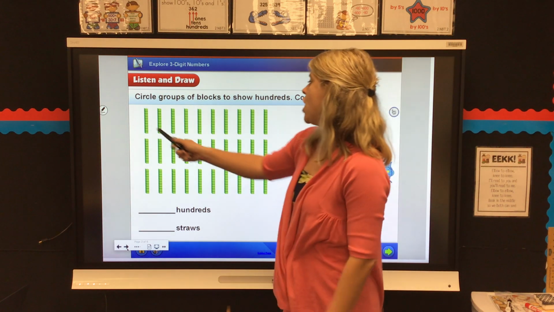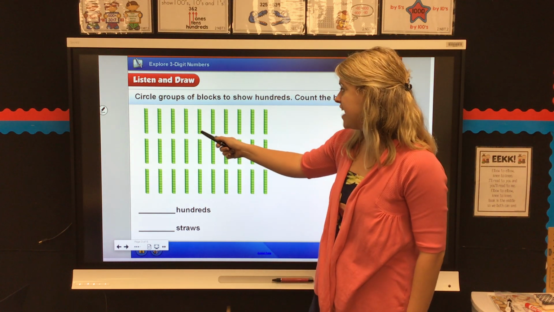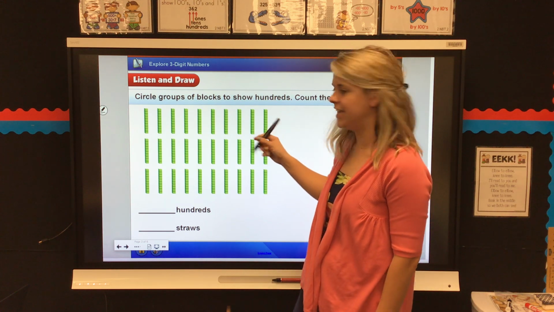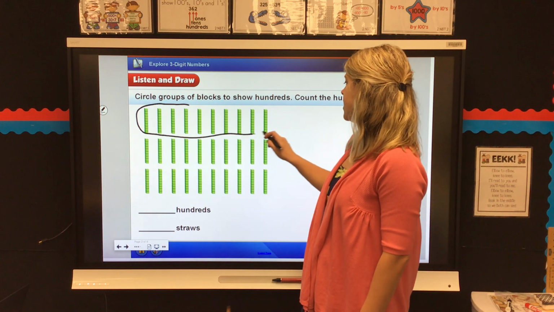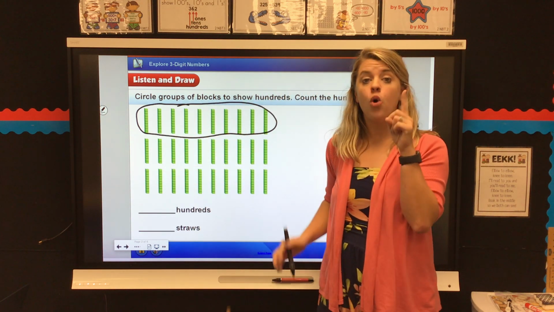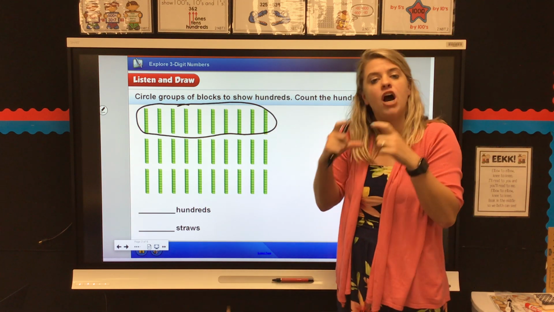So here we go. 1, 2, 3, 4, 5, 6, 7, 8, 9, 10. Okay, so I'm going to draw a circle around this group of 10 rods, and I know that that is one group of 100. Or I could shrink it together, remember how we did yesterday afternoon, and that would make a 100 flat.